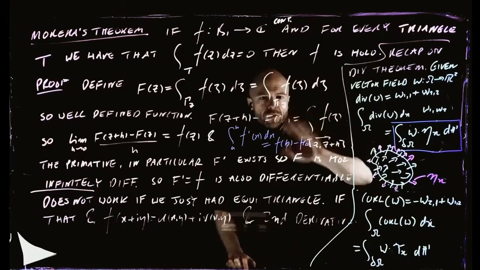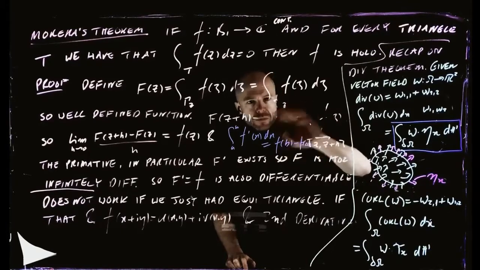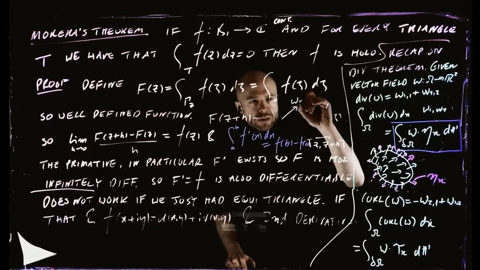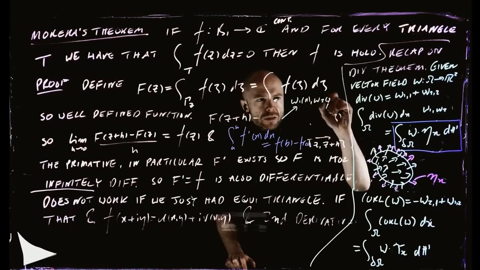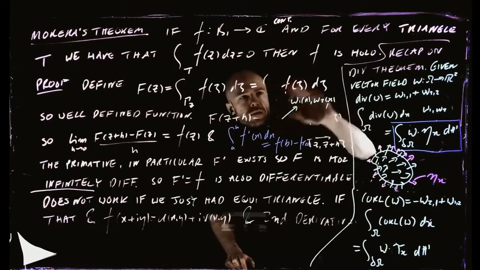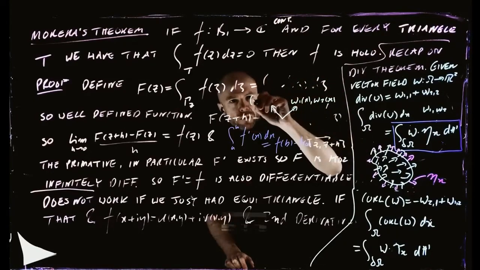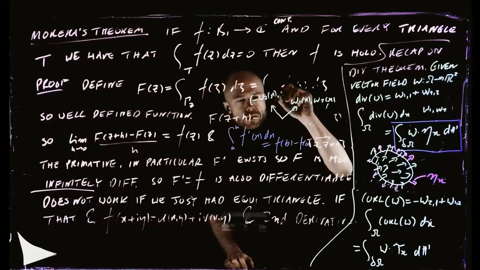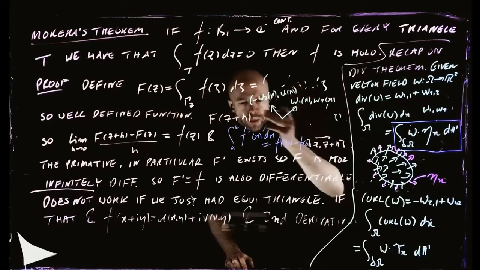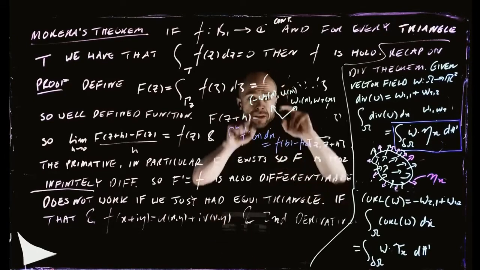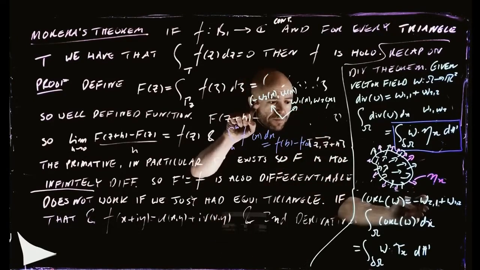So this is our vector field, the vector W1 of x, W2 of x. If we want a vector field that's perpendicular to it, we can do minus W2 of x, W1 of x. That's perpendicular. And then if we apply the divergence to this perpendicular one, that's the same as doing the curl to the original one. You see what I mean?